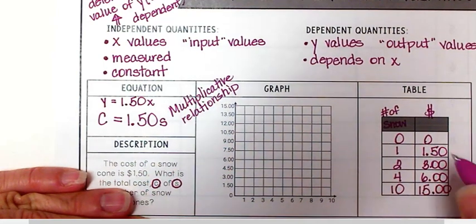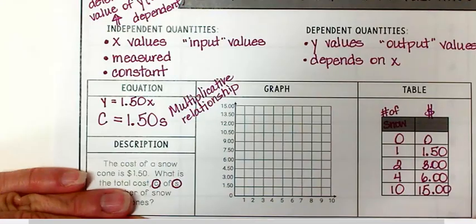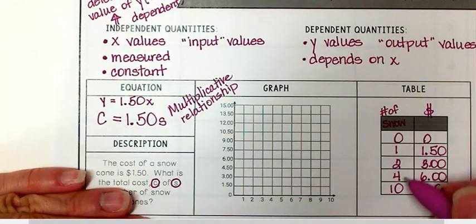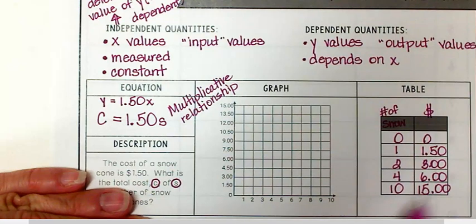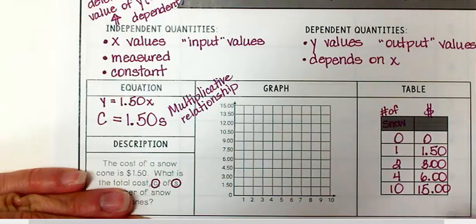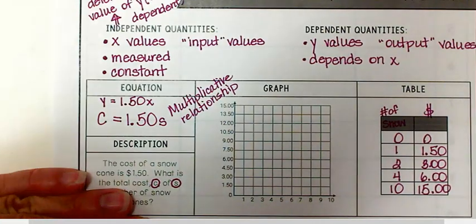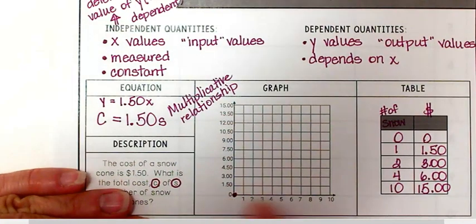Notice I didn't necessarily feel like I had to go from 1 to 2 to 3 to 4, although I could have. But, you know, if I buy 1, it's $1.50. If I buy 2, it's $3. If I buy 4, it's $6. If I buy 10, it's $15. But all of this is going to show me the same relationship. If I buy no snow cones, then I'm spending no money.